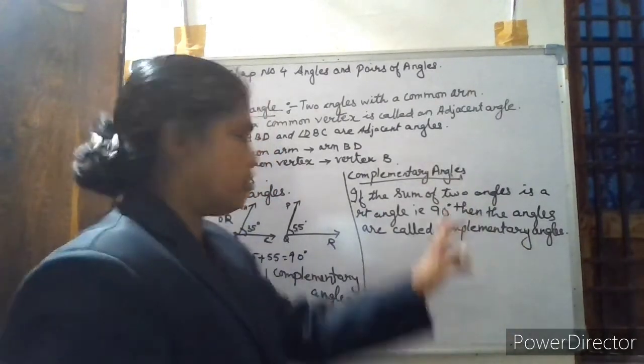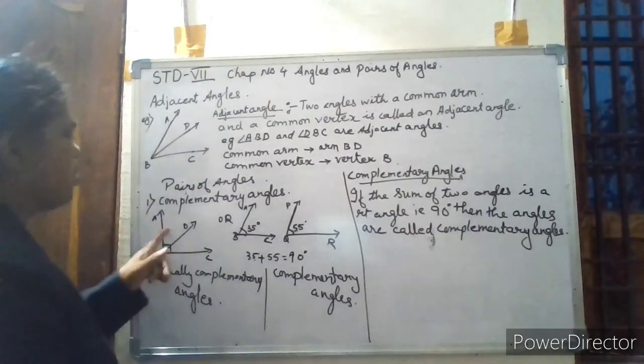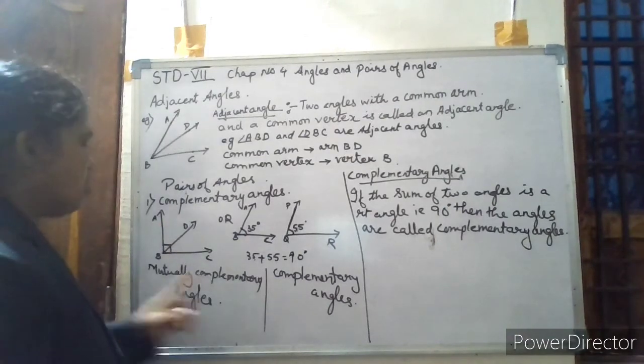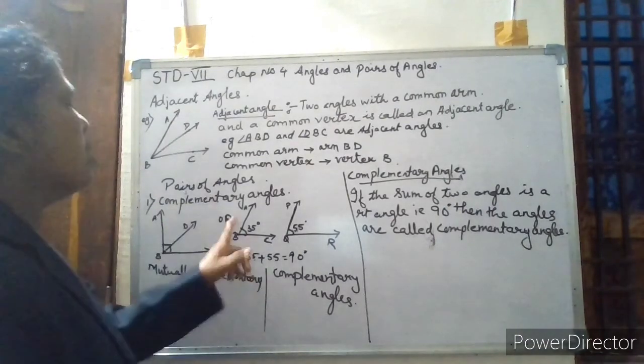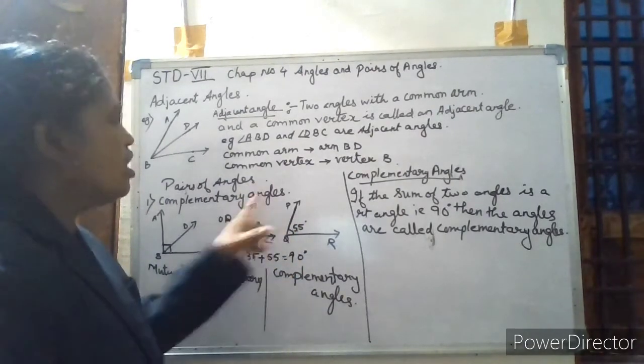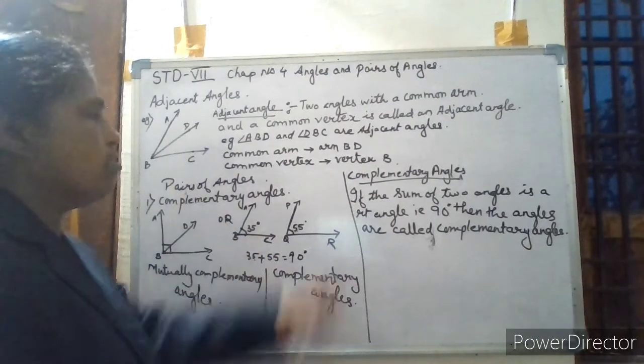These are the complementary angles definition. And of these two types, when the angles are complementary and adjacent, then they are called mutually complementary angles. If two separate angles are given and the sum of the two angles is 90 degrees, then they are only called complementary angles. This is the definition.